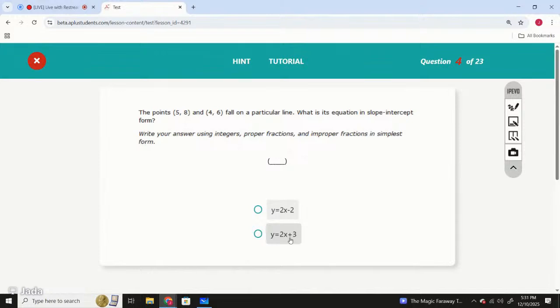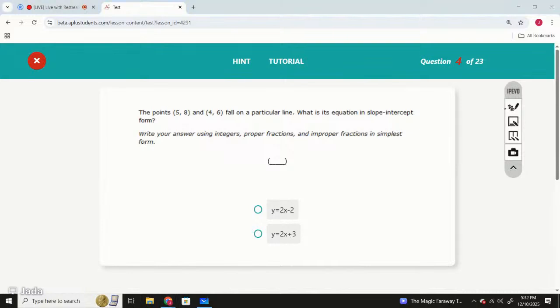The points 5, 8 and 4, 6 fall on a particular line. What is its equation in slope intercept form? We are given 2 points.